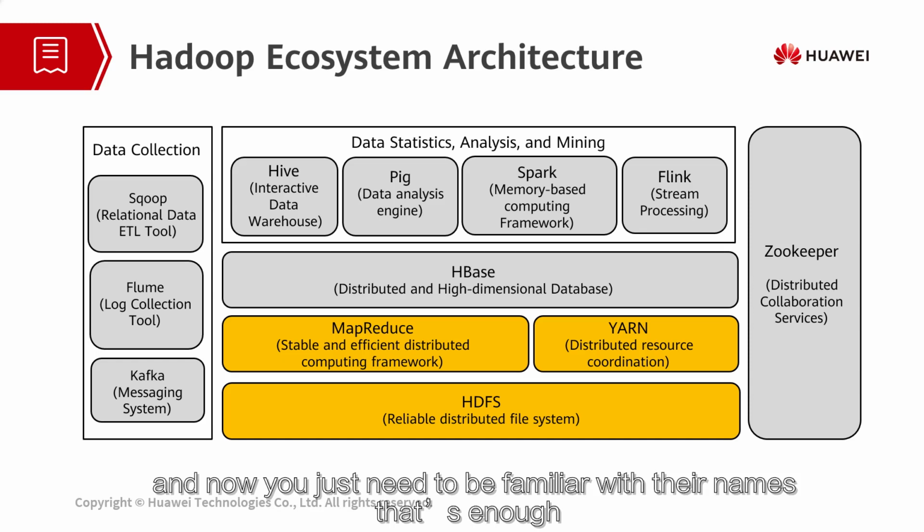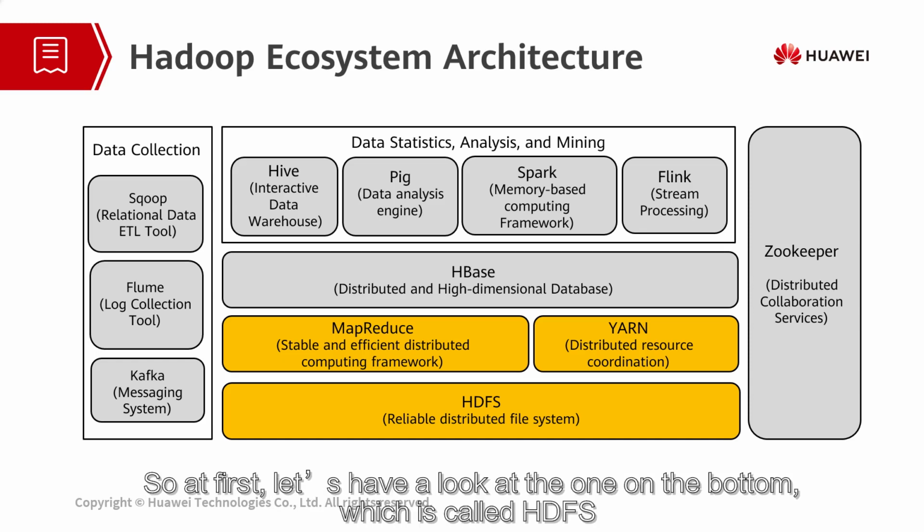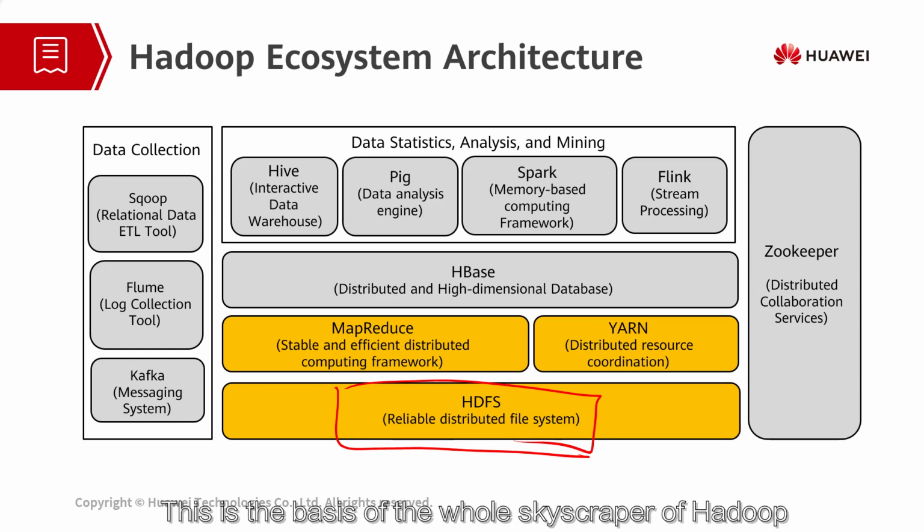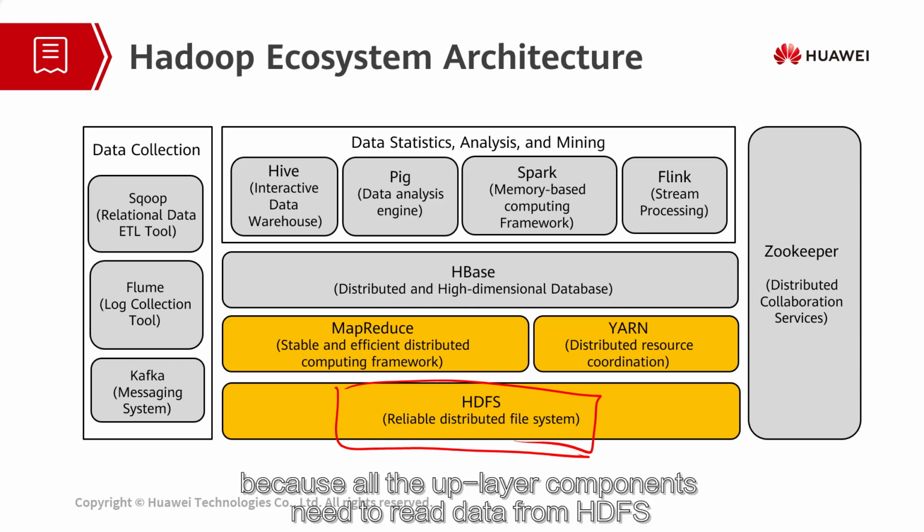So at first, let's have a look at the one on the bottom, which is called HDFS. HDFS is a reliable distributed file system. This is the basis of the whole skyscraper of Hadoop because all the upper layer components need to read data from HDFS.